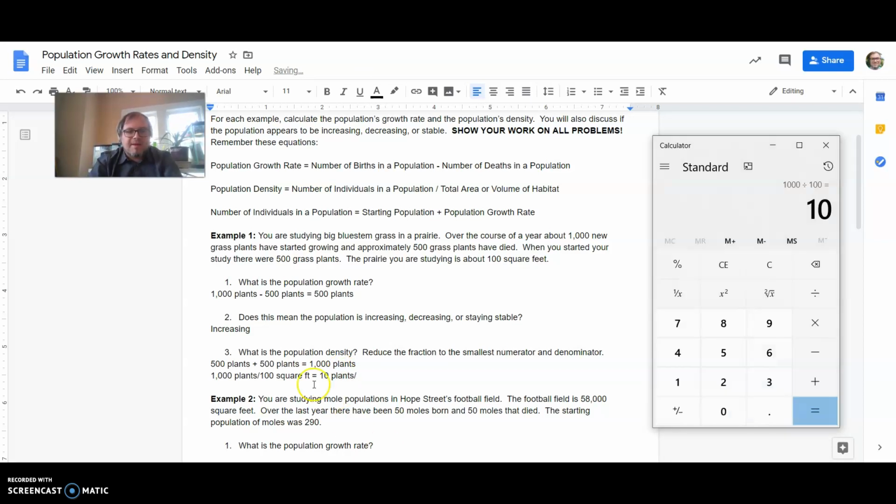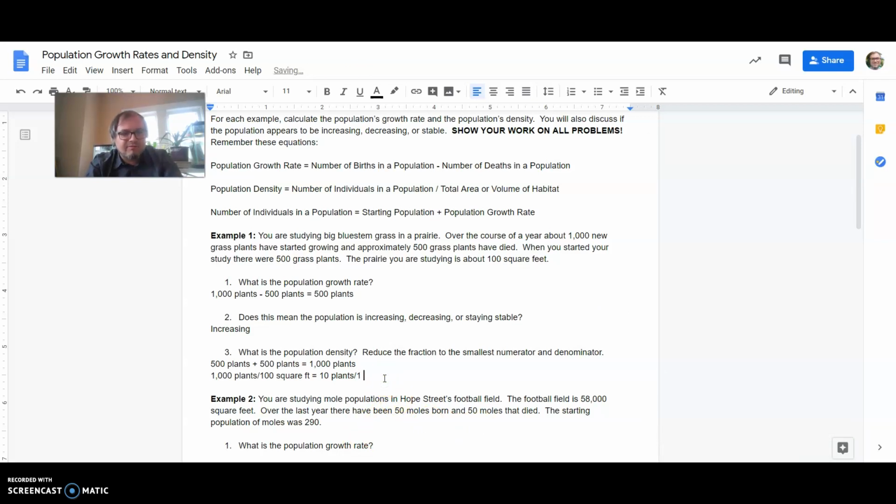And then if we divide the bottom part by 100, again, this one should be pretty simple because we're taking 100 square feet, 100, dividing it by 100, and a number divided by itself equals 1. So 10 plants for every 1 square foot.